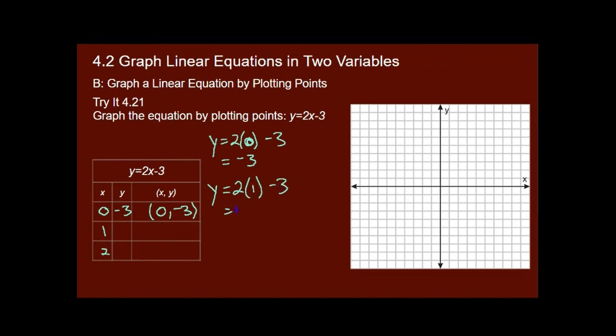Minus 3 is negative 1. So when x is 1, y is negative 1. So I have 1, negative 1 here. And then y is equal to 2 times 2 minus 3. 2 times 2 is 4. Minus 3 is positive 1. So my ordered pair is 2, 1.